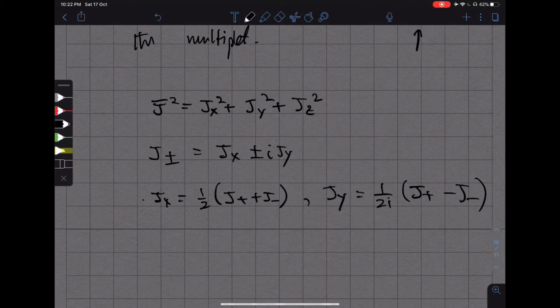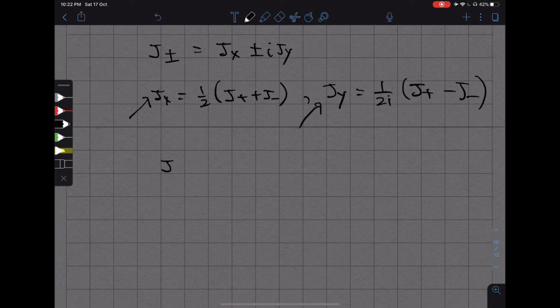So we can use these expressions to eliminate Jx and Jy from this relationship, and what we find is J squared is going to be given by J plus J minus plus Jz squared minus Jz.